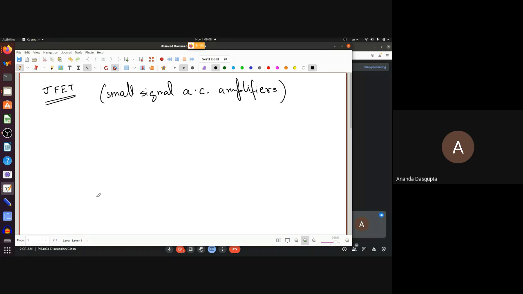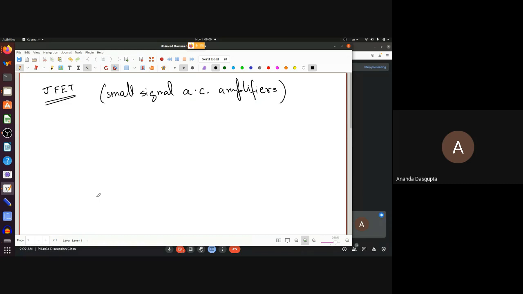The input impedance in a JFET is high simply because you're talking about a reverse biased PN junction there. So basically, very little current flows into the JFET, rendering any JFET circuit as a circuit with very high input impedance, at least from the JFET itself. Remember, the amplifier, of course, has other connections besides the JFET. And when you talk of input impedance of the amplifier, you will say how much the source sees. That may be due to other components. We will soon see that.